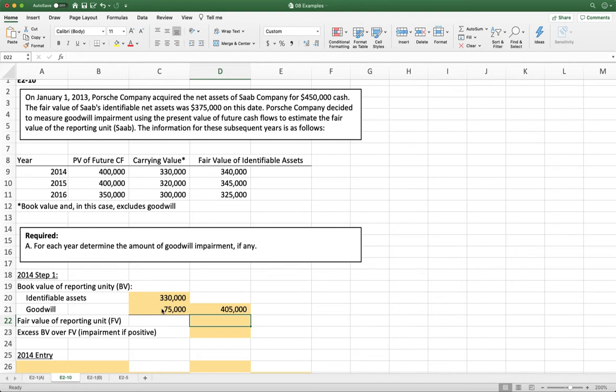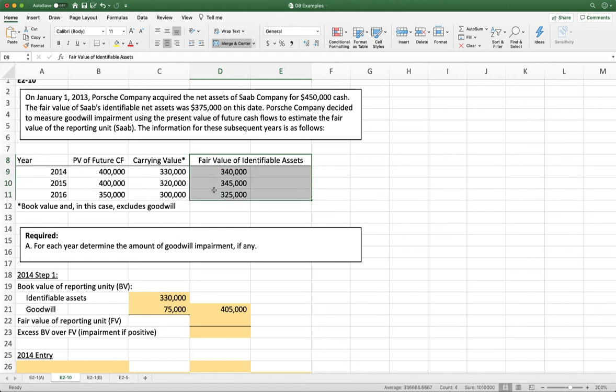Now we're going to compare that to our fair value of the reporting unit. So if we were going to buy this entity all over again, what would we be willing to pay for it? And our choices here are the present value of future cash flows or the fair value of the identifiable assets. Now, remember, one of these is going to be the reporting entity as a whole, and one of these is missing something.